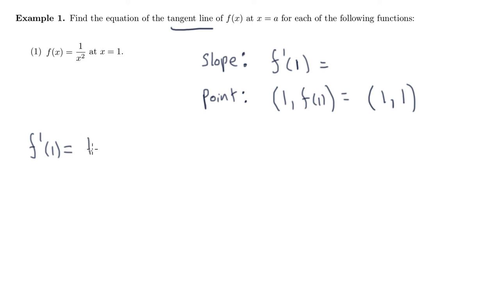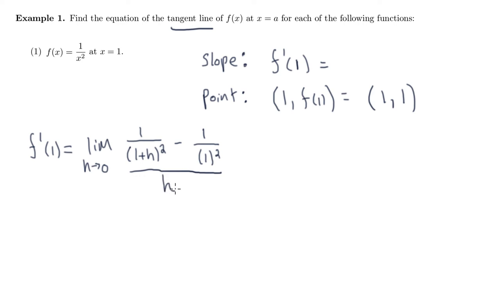So it's the limit as h goes to 0 of, well, 1 over 1 plus h squared minus 1 over 1 squared, all over h.